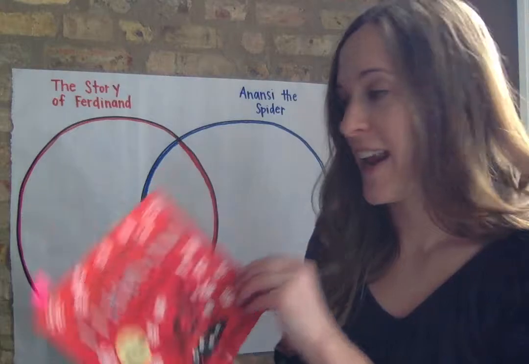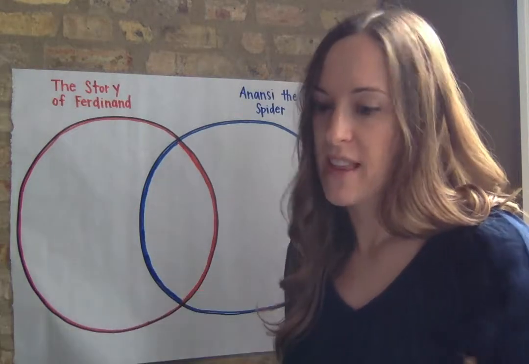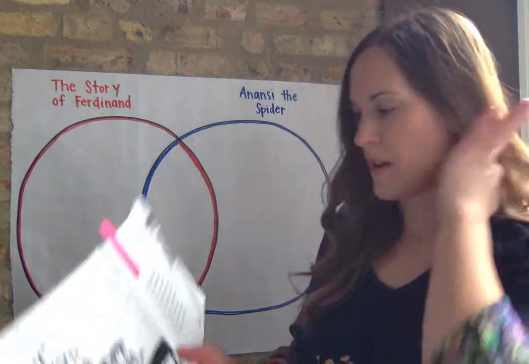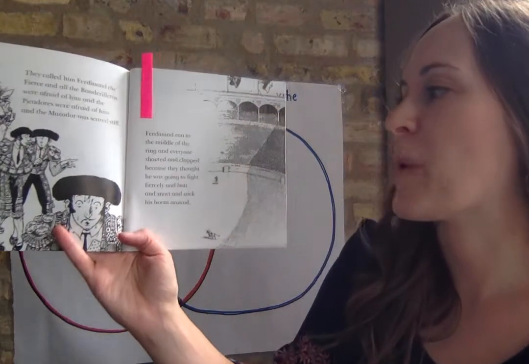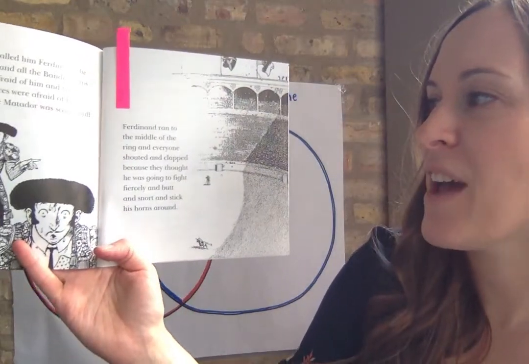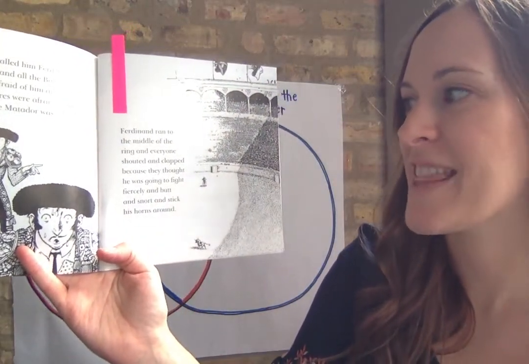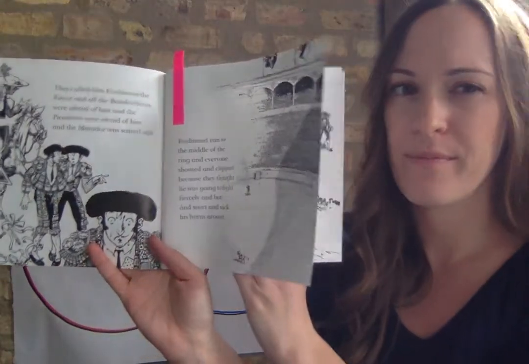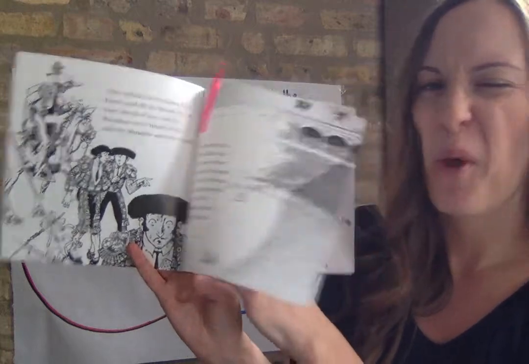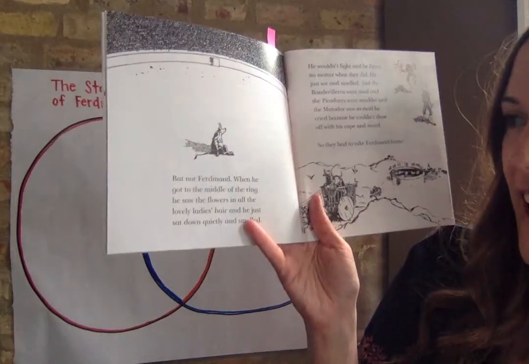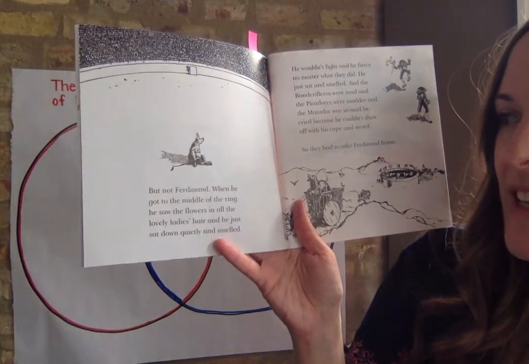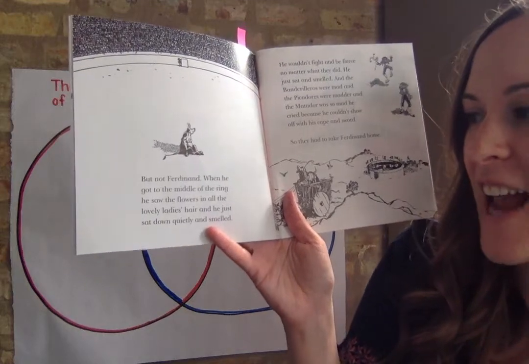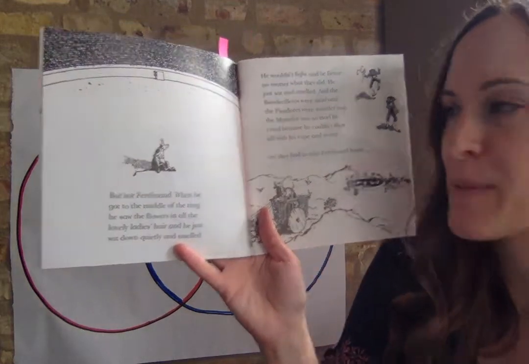The story of Ferdinand. I'm just gonna read the end of the book. Ferdinand ran into the middle of the ring, and everyone shouted and clapped because they thought he was going to fight fiercely and butt and snort and stick his horns around. Is he gonna do it? But not Ferdinand. When he got to the middle of the ring, he saw the flowers and all the lovely ladies' hair, and he just sat down quietly and smelled.